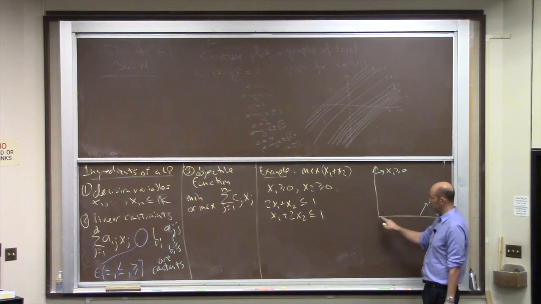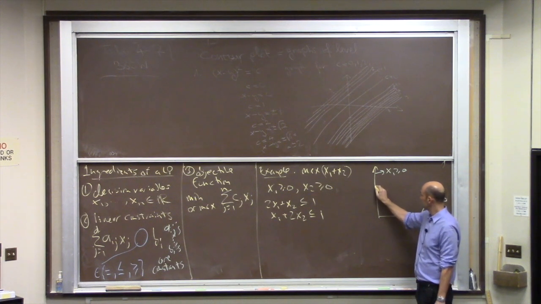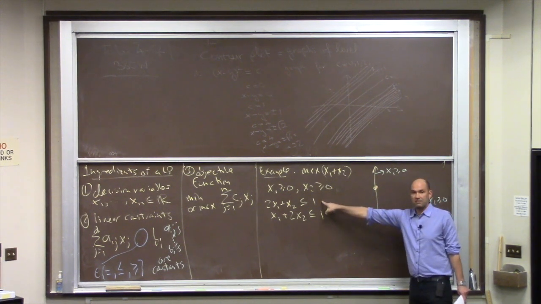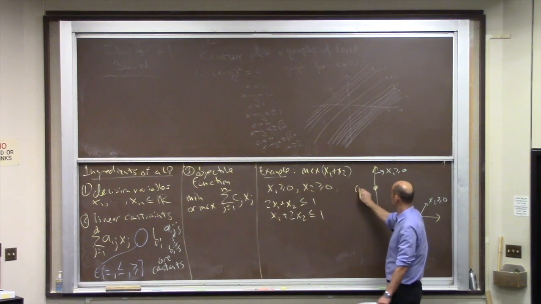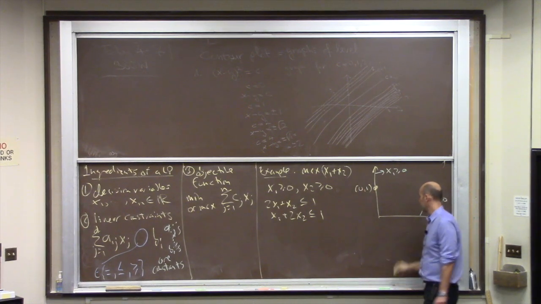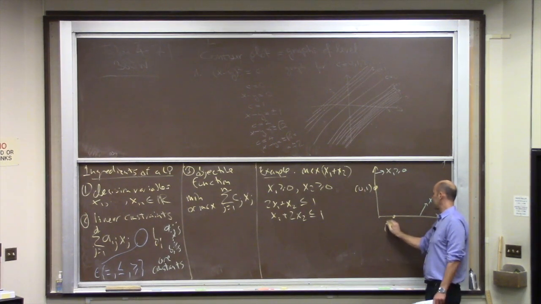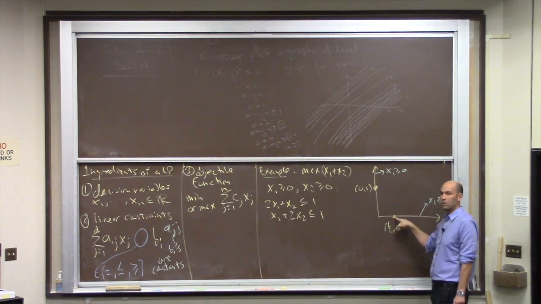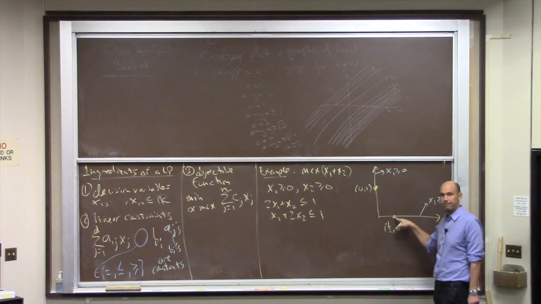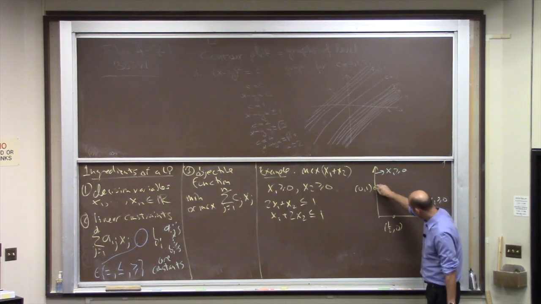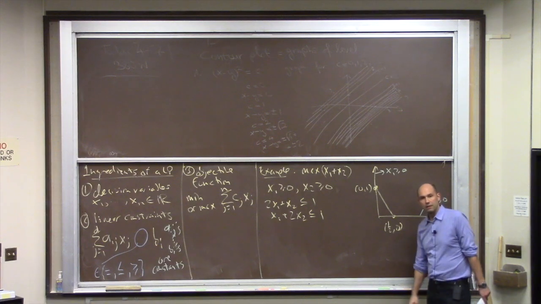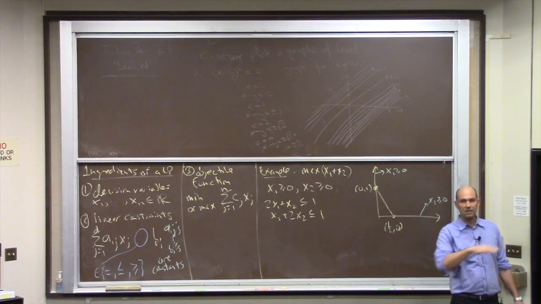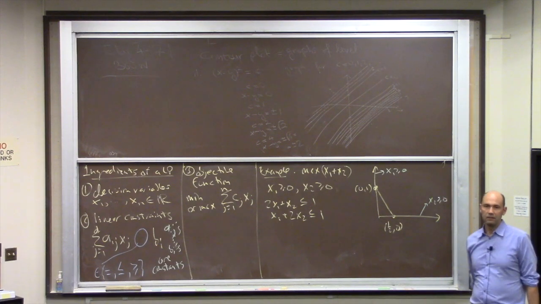If you take x1 to be 0 and x2 to be 1, this constraint is satisfied with equality. On the other hand, if you take x1 to be a half and x2 to be 0, it's also satisfied with equality on this axis. And the entire line segment between these will also satisfy it with equality. So the set of solutions that satisfy an equation is just a line in the plane.